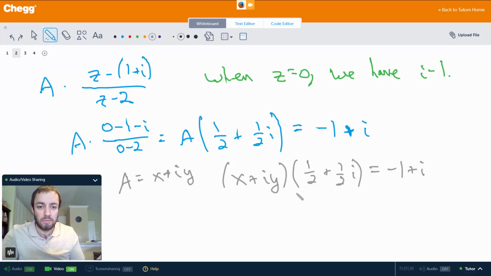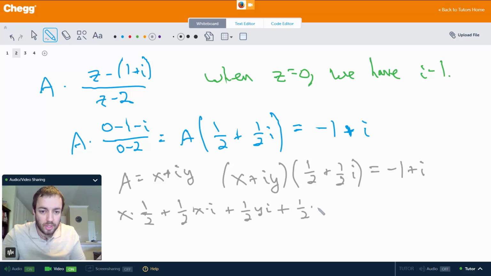So we're just going to FOIL this essentially, and then when we do that, we're going to get x times 1/2, that's our first, and then our outer is going to give us plus 1/2 times x times i, and then the inner is going to give us 1/2 y i, and then the last is going to give us 1/2 y i squared, and then we still have equals -1 plus i.